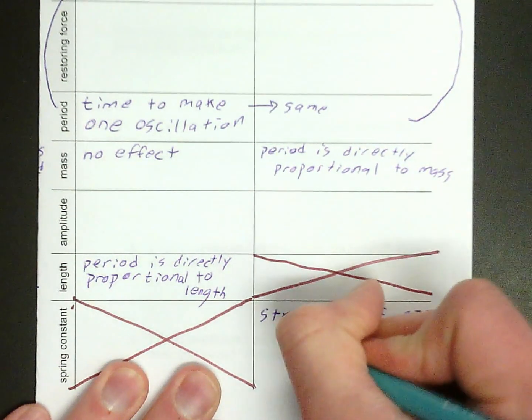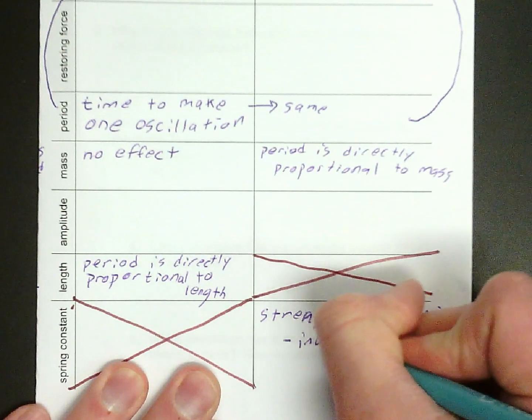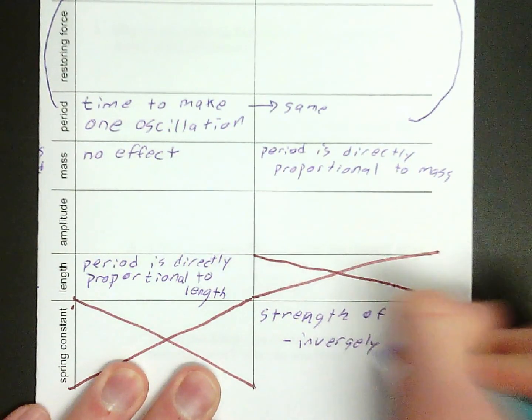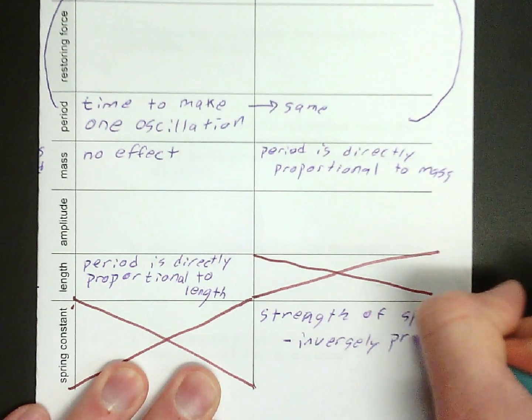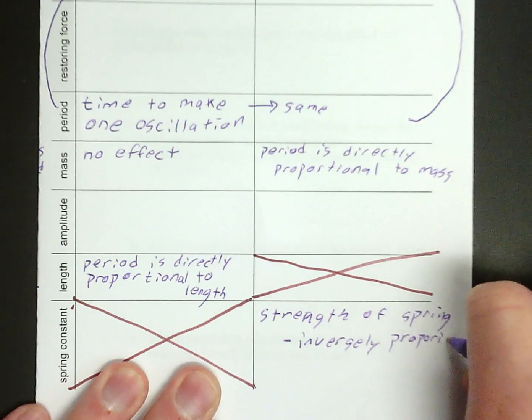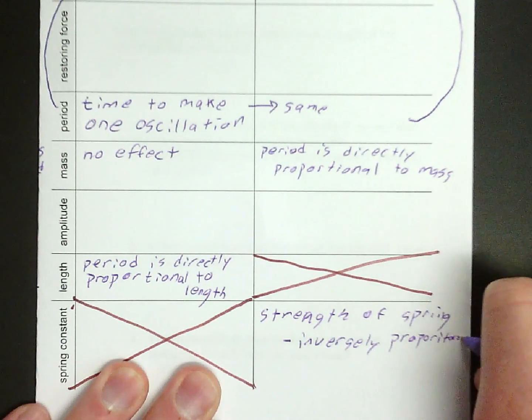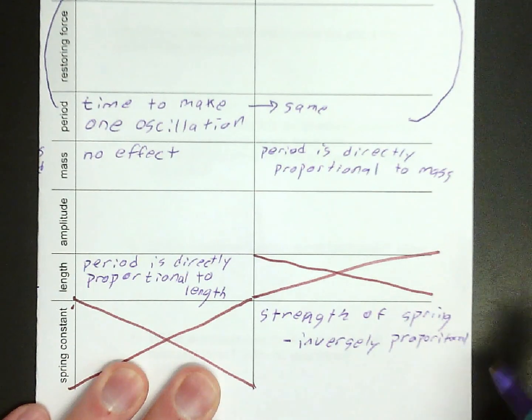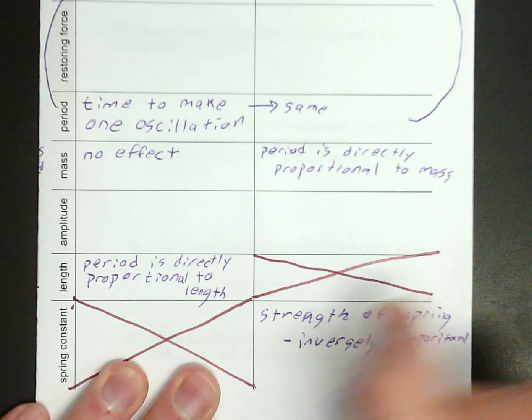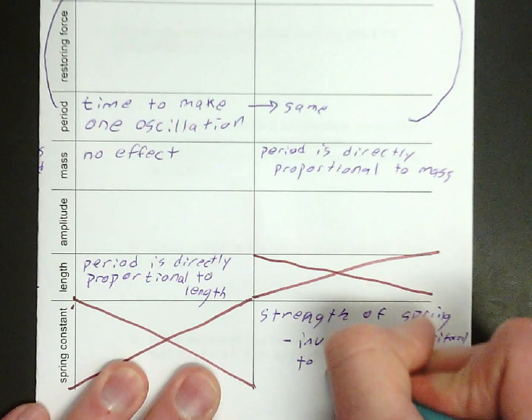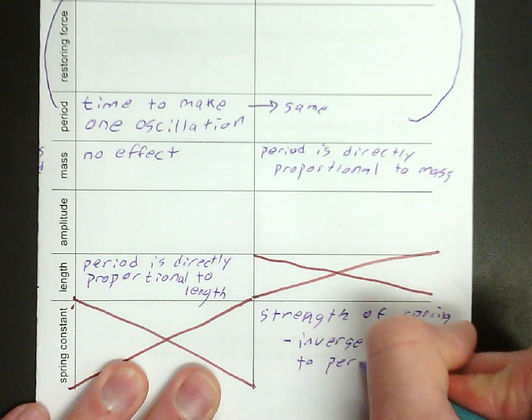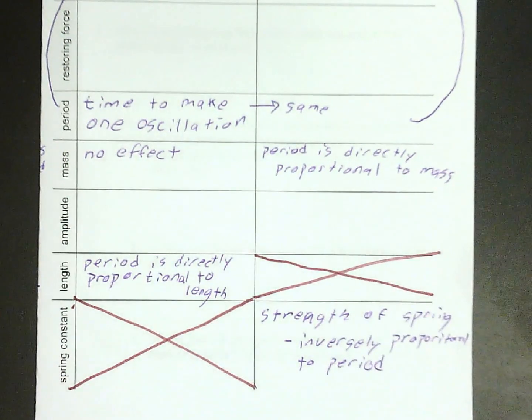It's worth mentioning this one is inversely proportional to period. So it's how strong the spring is, and it's inversely proportional. That means if you increase the spring constant, you decrease the period. So the stronger the spring, the less time it takes.